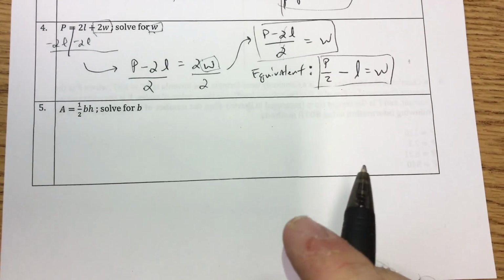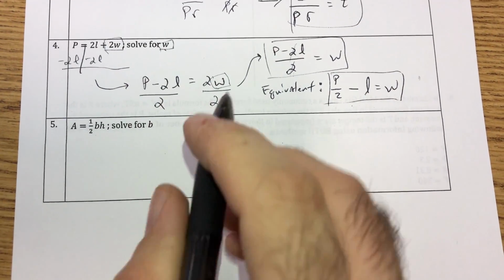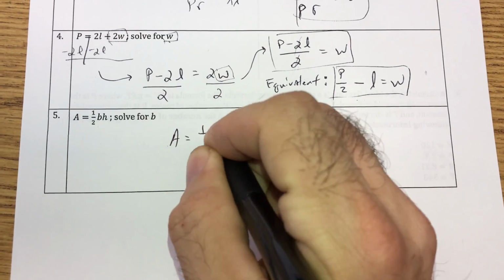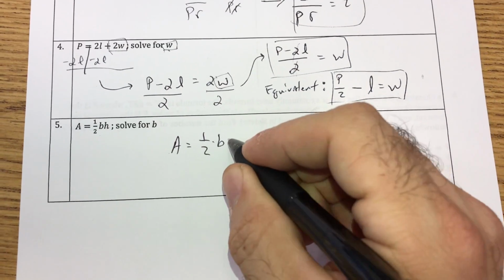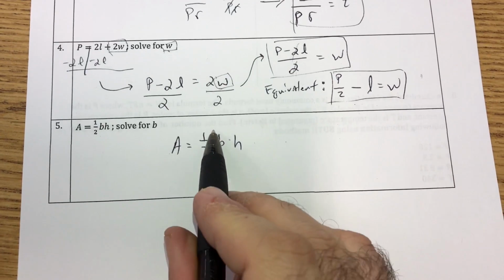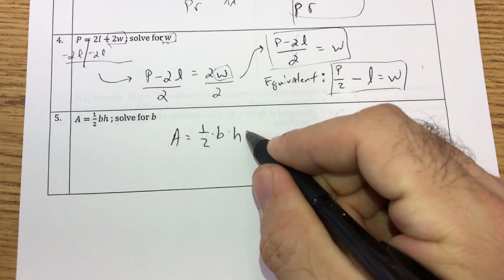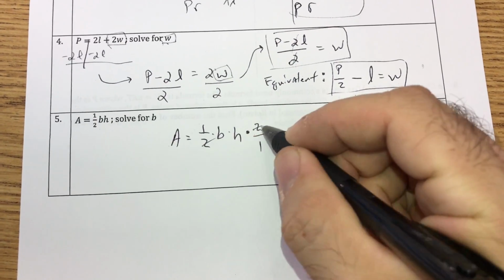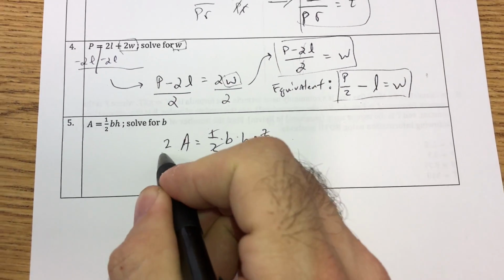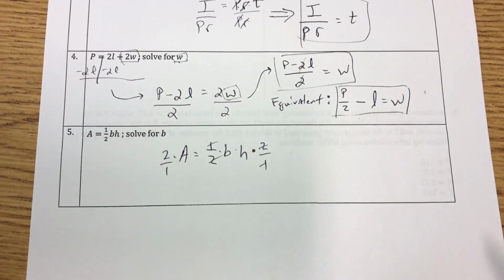And number 5, I've got A equals 1/2 BH, solve for B. Let me rewrite that over here. A equals 1/2 BH. Well, since I'm multiplying by 1/2, I can multiply by the reciprocal to cancel it out. And then I have to multiply by that number as well on the left-hand side.